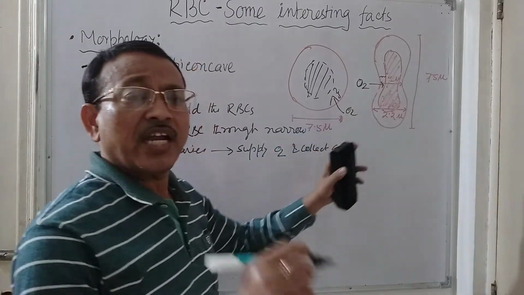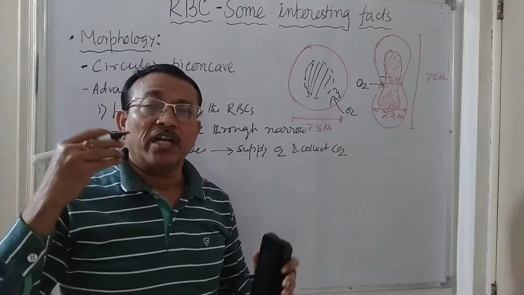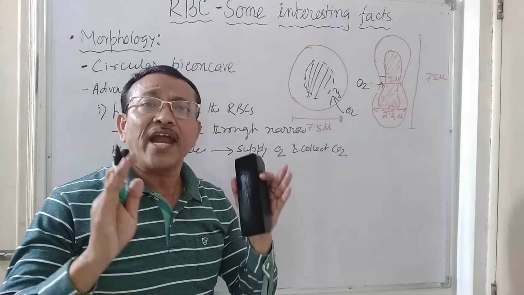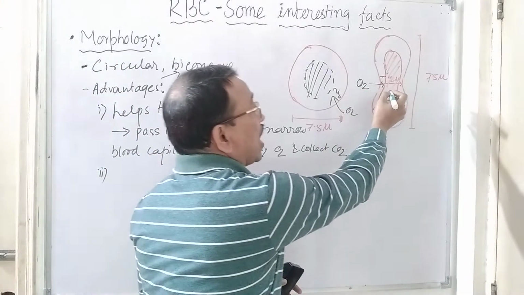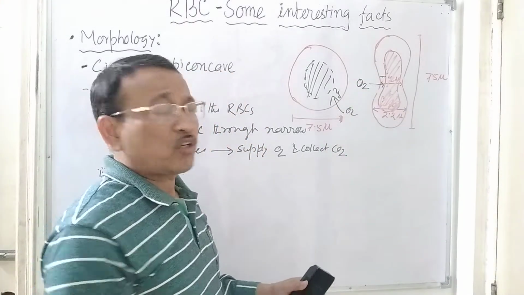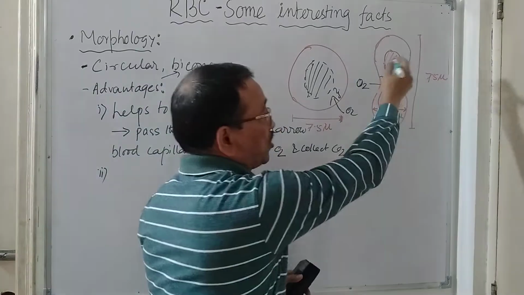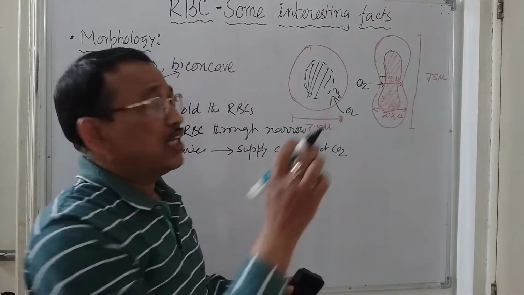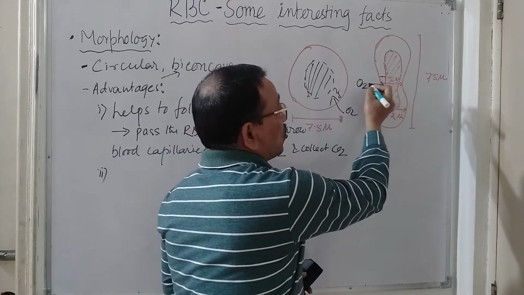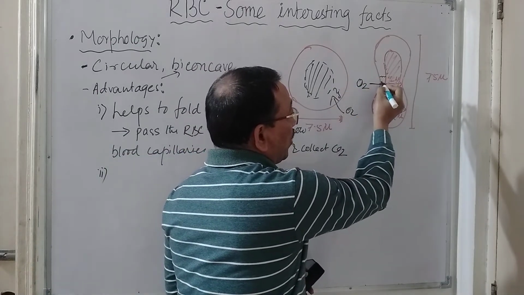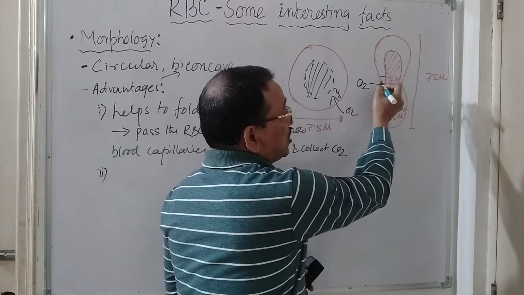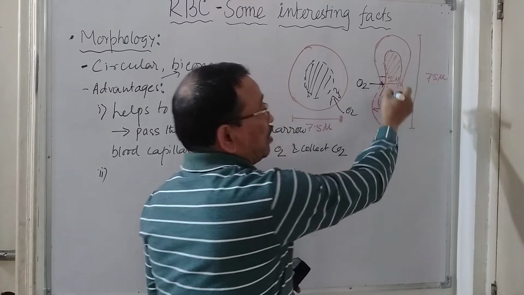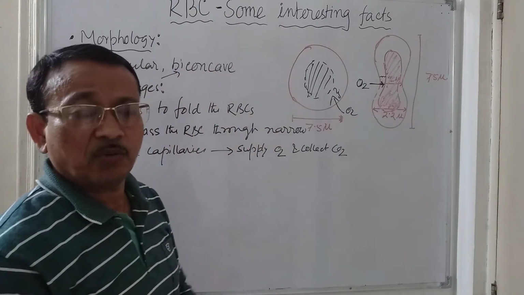So oxygen need not pass a great distance to reach the hemoglobin because of the biconcave shape of the RBC, because the central part of the RBC is very thin. So oxygen very quickly passes this distance and binds with the hemoglobin to form oxyhemoglobin.